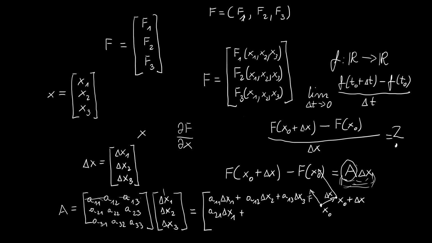We take second row, first column, because we have only one column. And we take third row, first column.